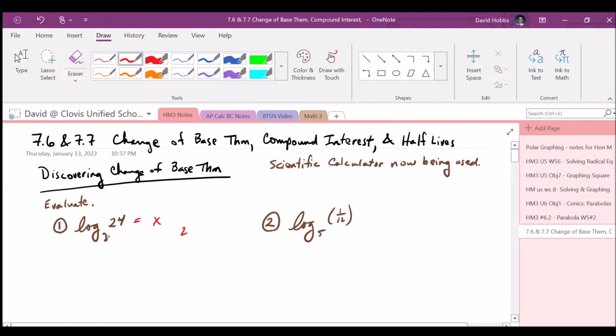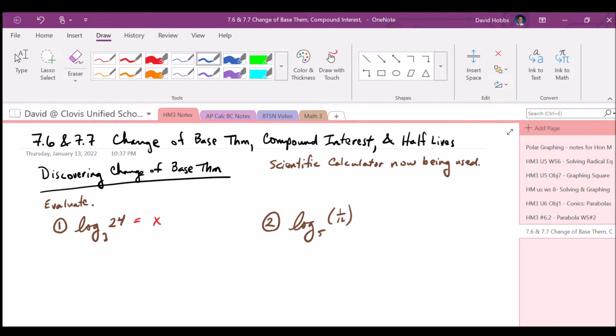On the other hand, 3 to the third is 27, so I would say that x is somewhere between 2 and 3, but it's probably a little bit closer to 3 because 27 is closer to 24 than 3 to the second is. And so that's kind of nice to keep track of, so that you're thinking in logarithms a little bit here. Okay, so what do we do now?